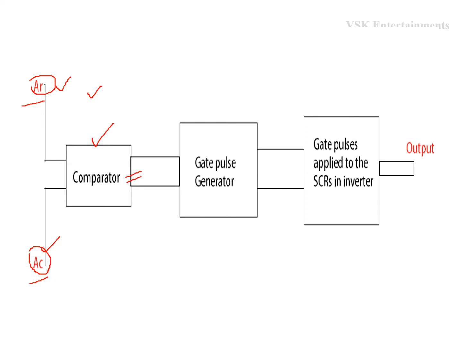That error signal is applied to the gate pulse generator, which generates the gating pulses. These gating pulses are applied to the thyristors present in the inverter circuit. Depending upon the width of these gating pulses, we get the controlled output voltage. That's the concept of the PWM technique.